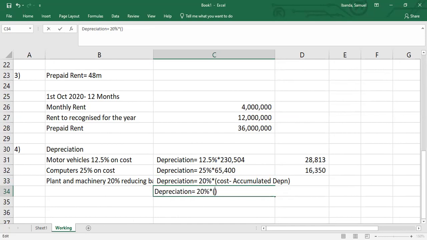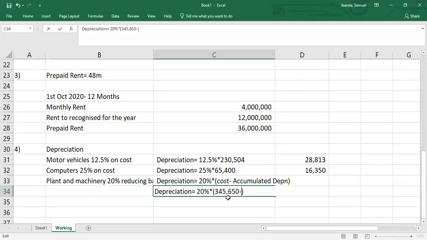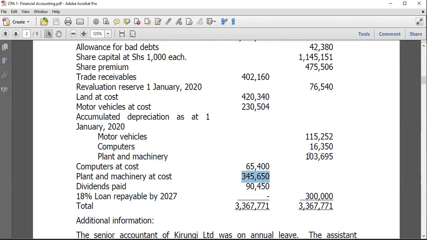Let me just check from the question and see. We have plant and machinery at cost. Cost is 345,650. Okay, so I'll take my cost and put it there. And now I have to less the accumulated depreciation, which in this case has also been given to be 103,695.